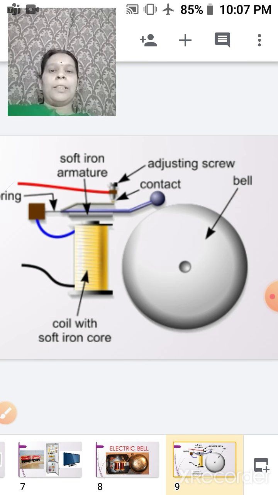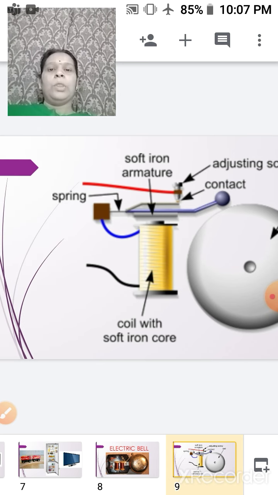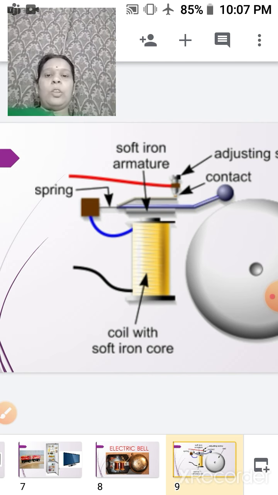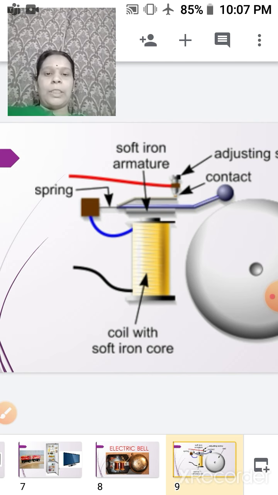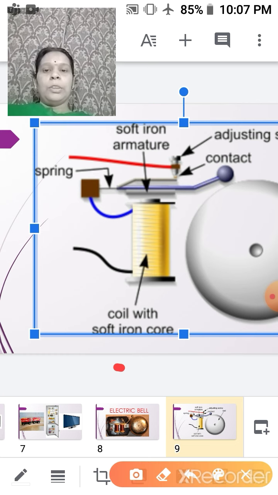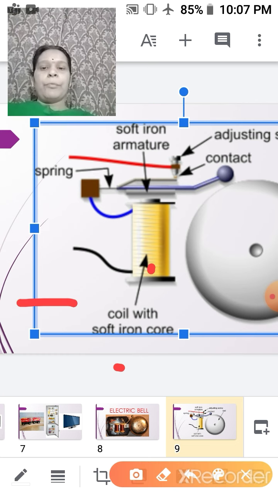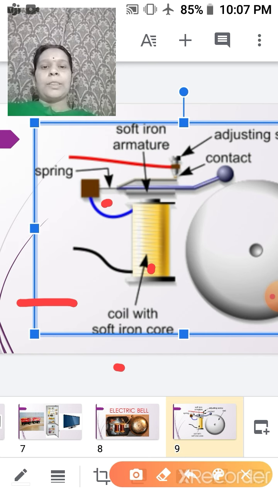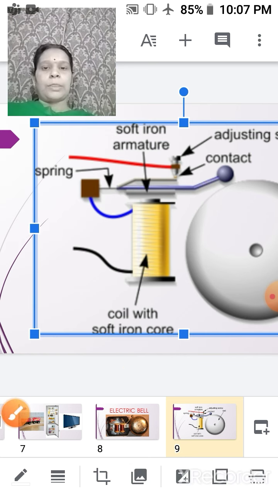You can see the bell, the adjusting screw, soft iron armature, spring, coils of the iron core, and then you can see the spring which keeps on moving.